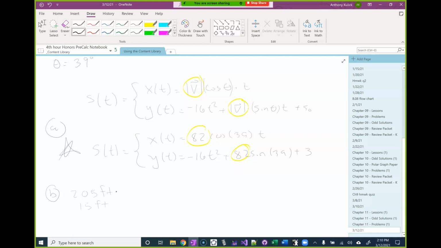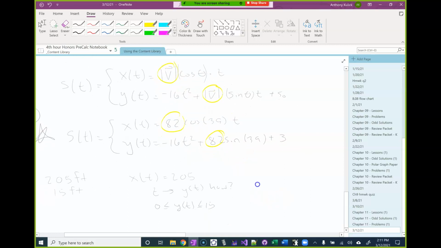So one way we could do this is we can see how long it takes the baseball to go 205 feet. And then we can take that value of t and plug it into y of t to figure out how high it is after that amount of time. So we'll be able to compare that to the 15. If y of t is between 0 and 15, it doesn't clear the fence. If it's greater than 15, it does.